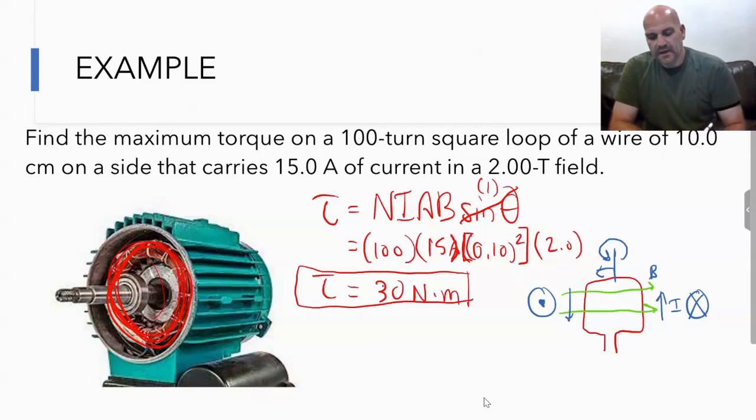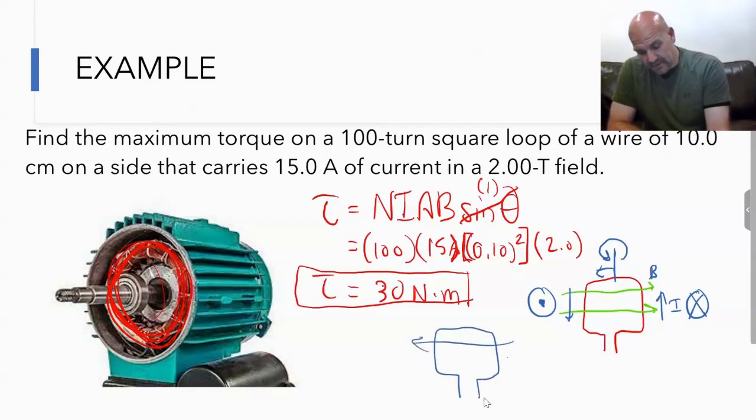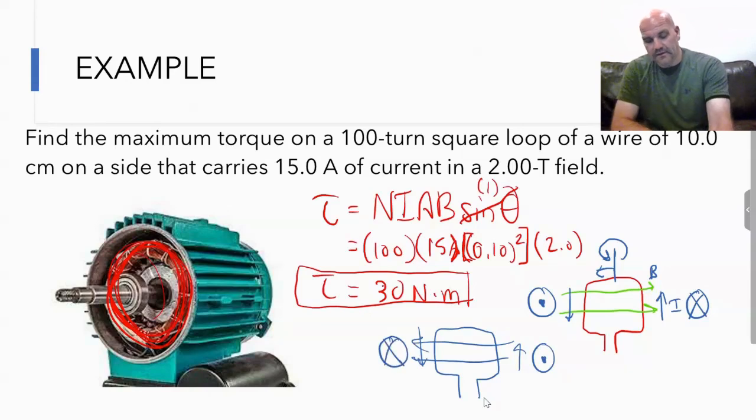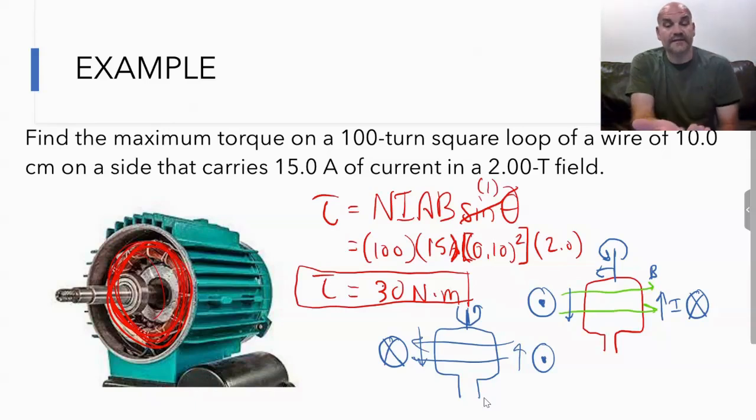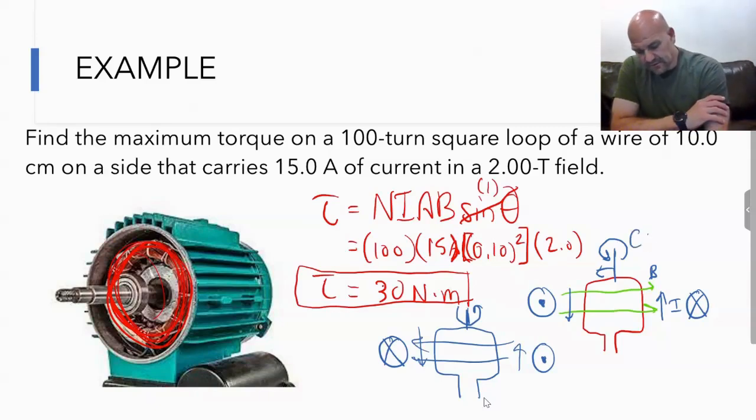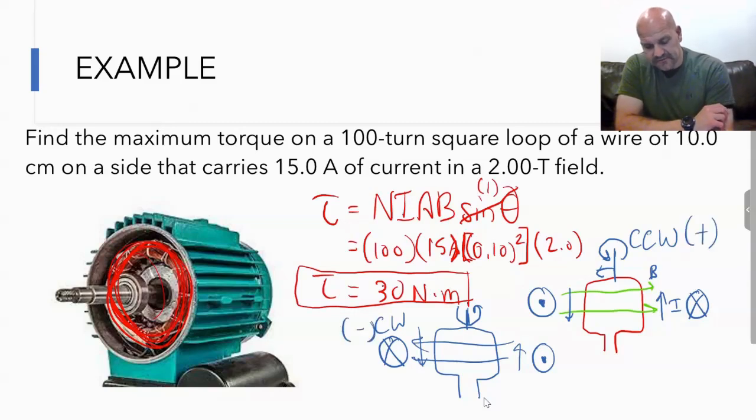If I reversed my magnetic field, so it went the other direction but I kept the same current configuration, now it would be reversed. You would have the out and the in here, and it would spin in a clockwise manner. So to determine the direction that the torque is acting, you would have to have a diagram of the setup. Remember, in rotation, counterclockwise is positive.